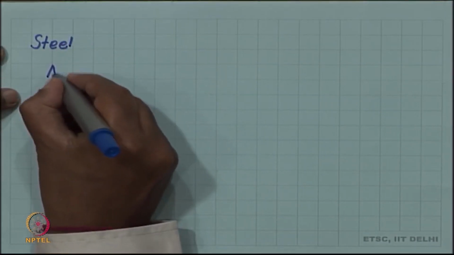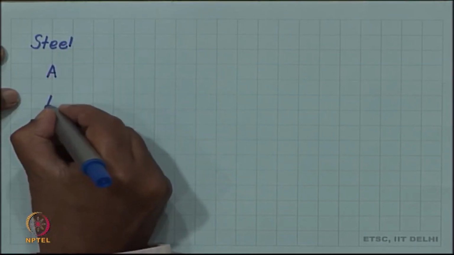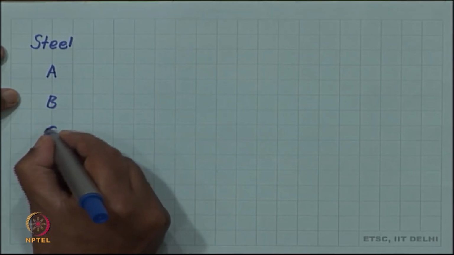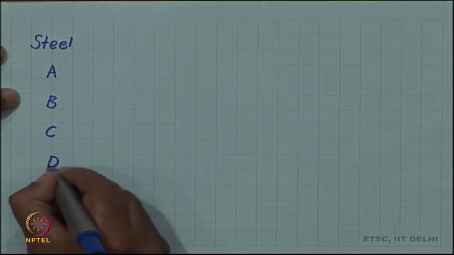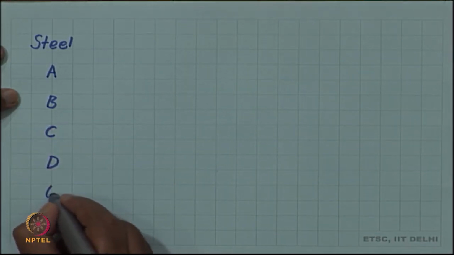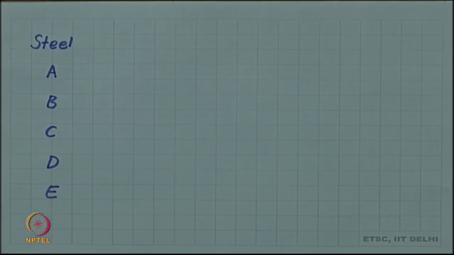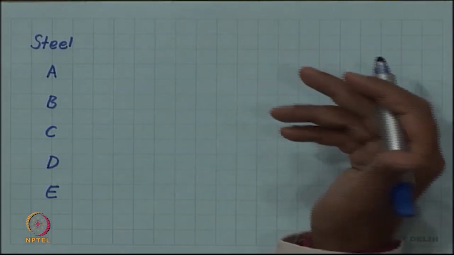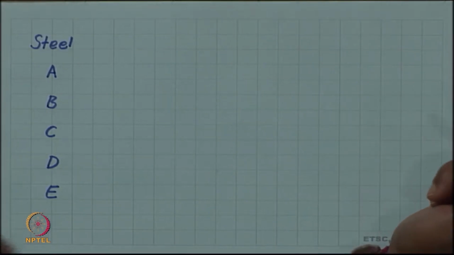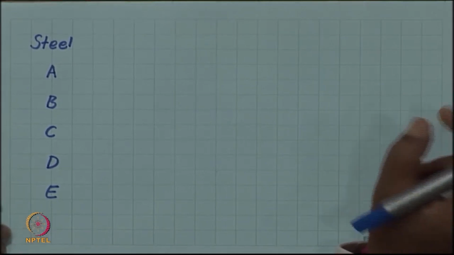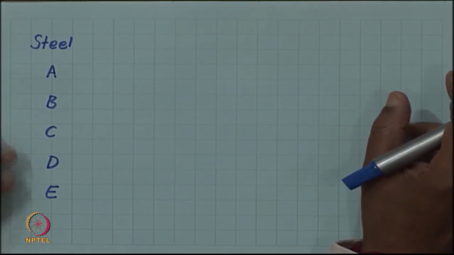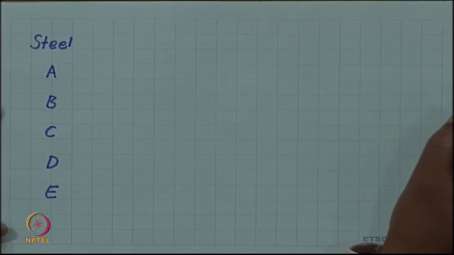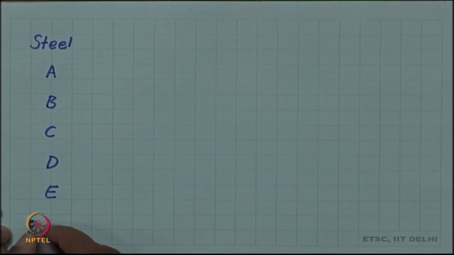Let us just call them steel A, B, C, D and E. Now, suppose these steels are supplied to us and we want to test their property. One simple mechanical property of any given steel is what is called the hardness.